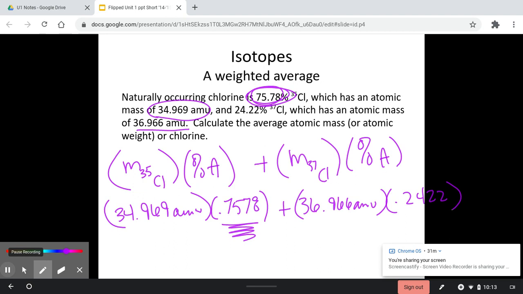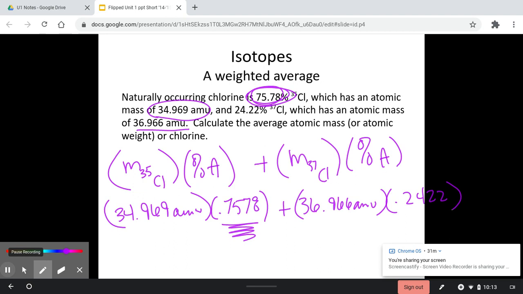Well, when you are dealing with isotopes, here's the deal. Your isotopes aren't going to exist in nature in the same amount. So if we're dealing with chlorine, for example, here's two very common isotopes, chlorine 35 and chlorine 37. So chlorine 35 shows up in nature 75.78% of the time. We call that a percent abundance.